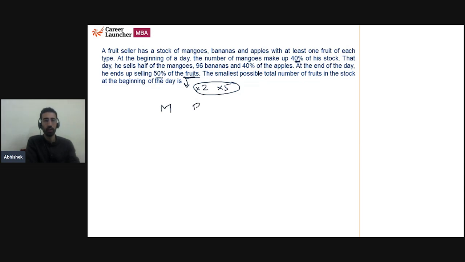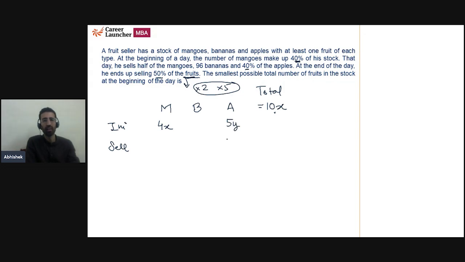So mangoes, bananas, apples. Let this be a total of 10x, the initial number of fruits. Now mangoes make up 40%, so mangoes initially have 4x. And since the person is selling, on the first day, 40% of the apples, 2/5, you better have apples as a multiple of 5 straight away.